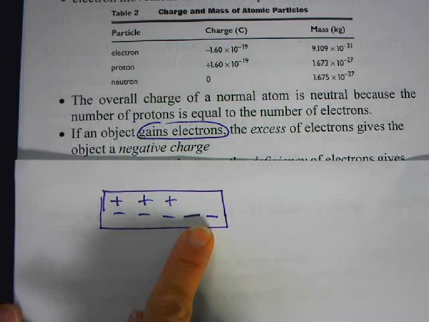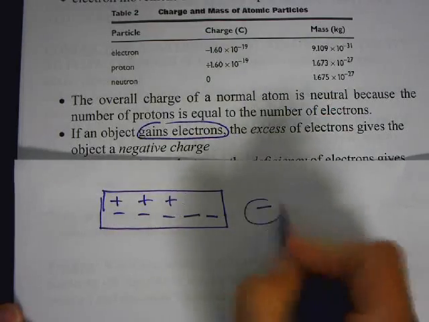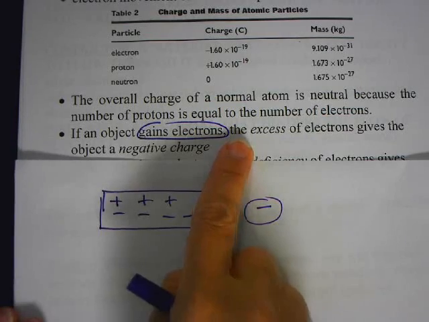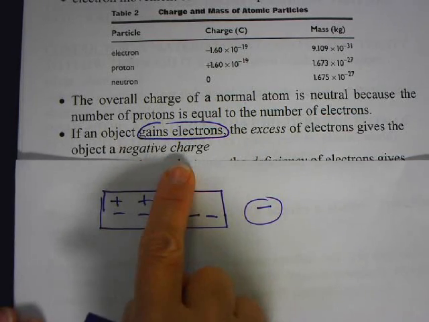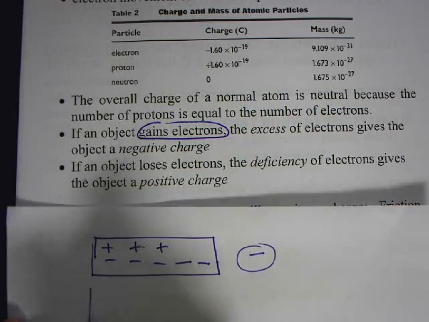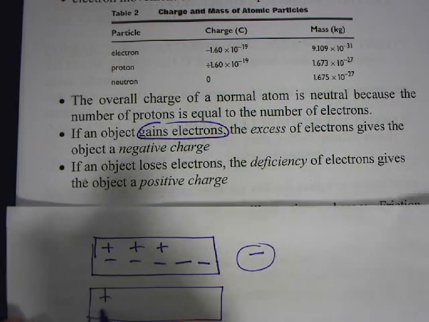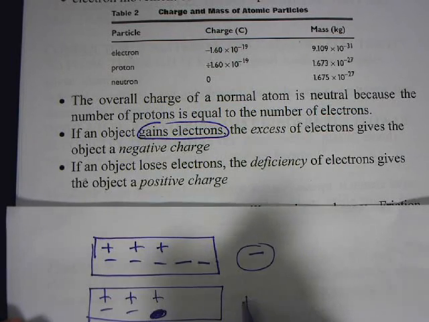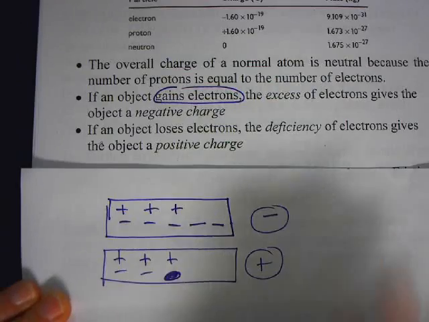So now when it gains electrons, the overall charge is negative. Sometimes when you try to memorize things in words, it can be confusing, because when you think gain, you think more. So when it gains electrons, the overall charge is negative. Okay? And then if an object loses electrons, so if I have my same object, and now it loses an electron, the overall charge is going to be positive.